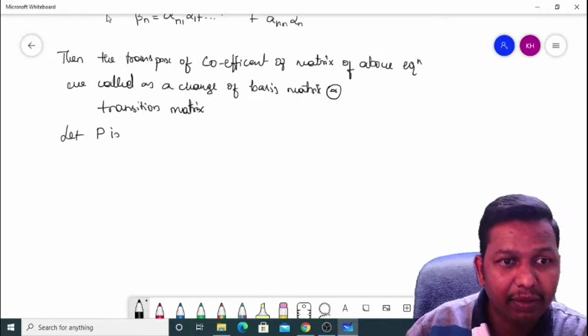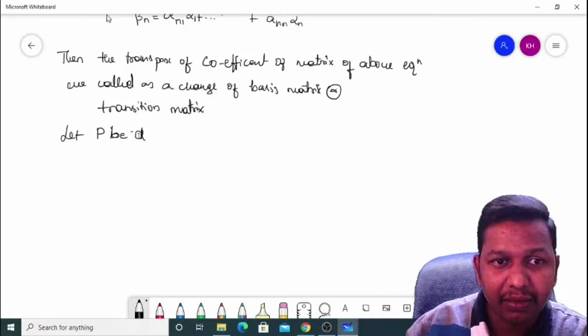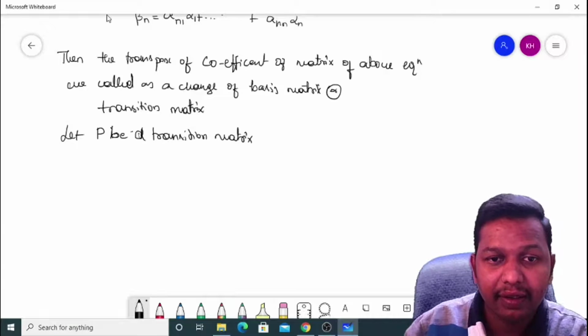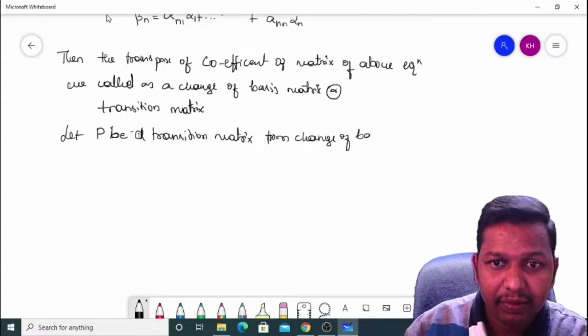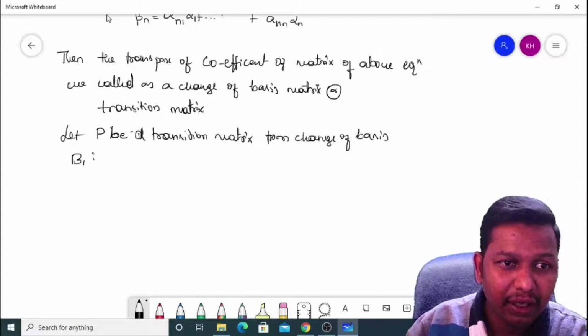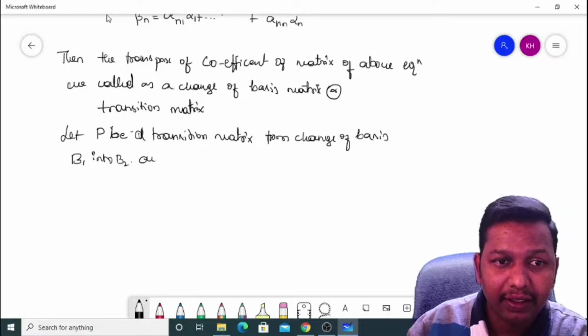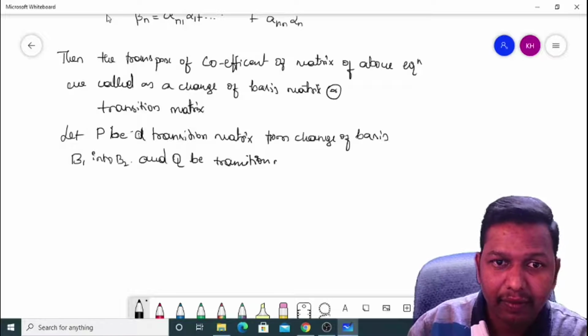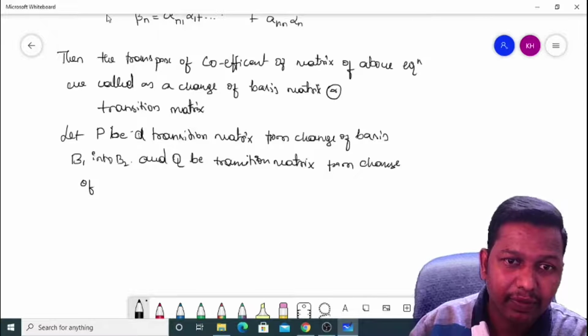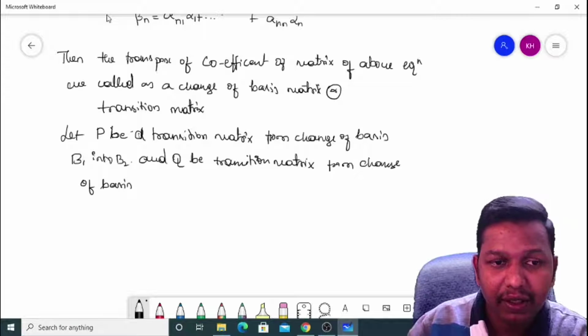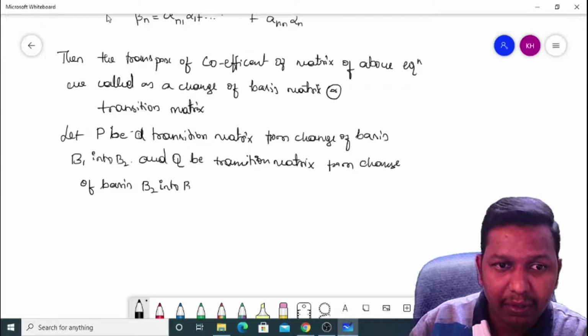Let capital P be the transition matrix from change of basis B1 into B2, and capital Q be the transition matrix from change of basis B2 into B1.